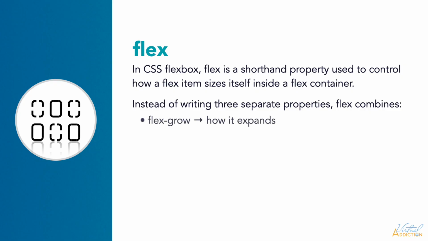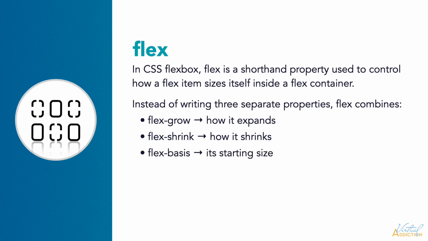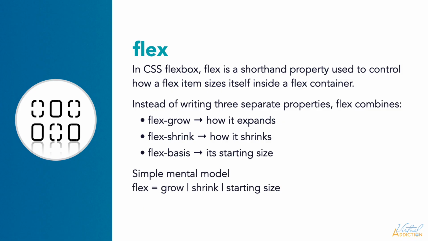Instead of writing flex grow, which is how it expands, flex shrink, which is how it shrinks, and flex basis, which is the starting size, we will combine these into one single property. So a simple mental model is we would set the flex property, and the value is going to have the grow value, the shrink value, and the starting size.